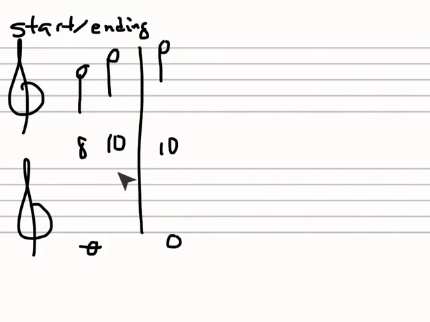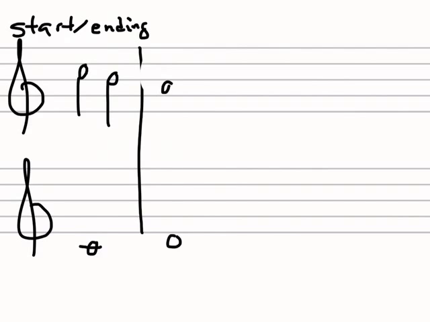Notice this upbeat has to be consonant because I'm skipping to it. I can't use a dissonance here. I'm not moving into this by step. Okay, or another one of my options would be to do something like this. Now I'm using two half notes, but I've got a passing tone on the upbeat over here.